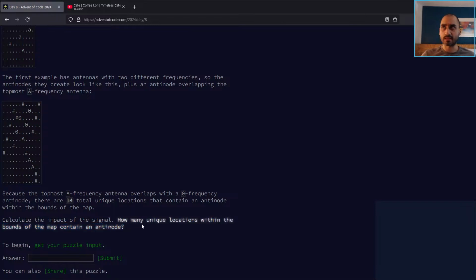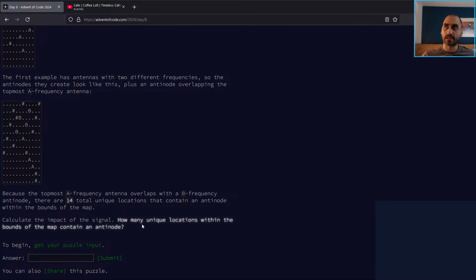So didn't I basically already say the algorithm? You compute the vector for a given pair of antennas of the same frequency. You take the vector from one to the other, double it, and that gets you 1 antinode.